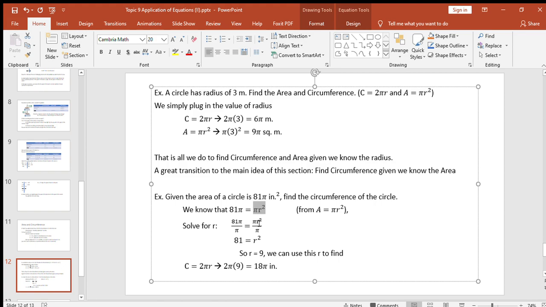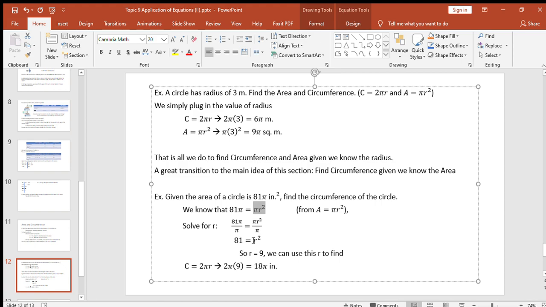How do we do that? Well, we need to get rid of that pi. It's a coefficient. How do we get rid of coefficients? We divide both sides by pi. This cancels out, and you're going to get 81 is equal to r squared.